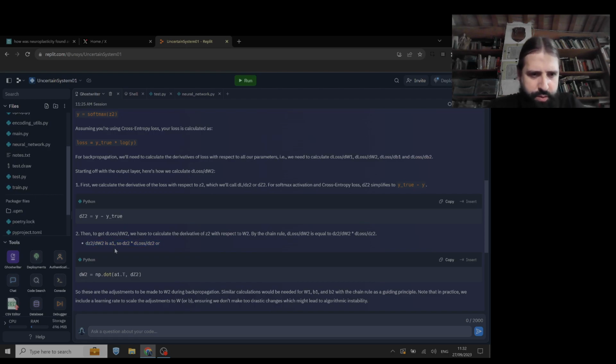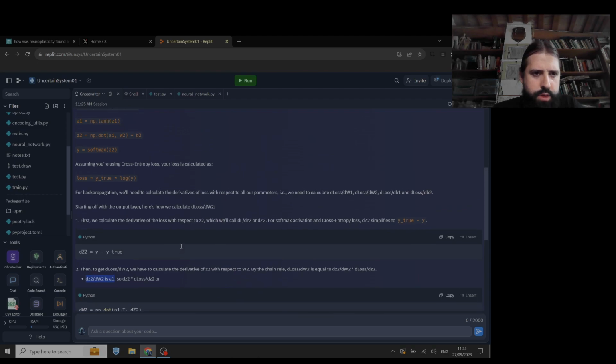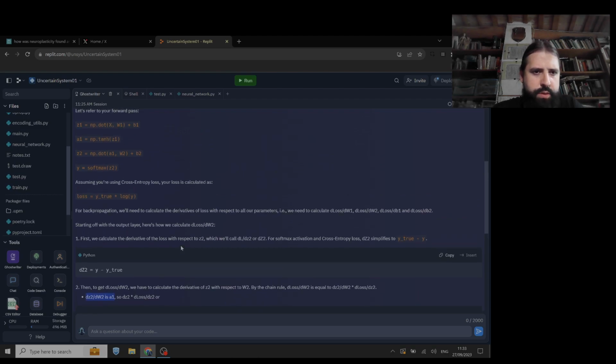This is where we get, like, how is it possible the derivative of z2 with respect to w2 is a1? Is it just because this is a1 dot product w2?